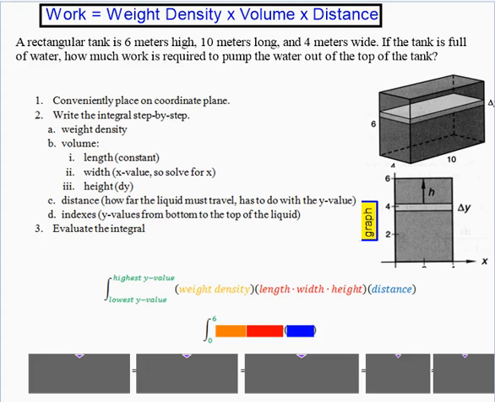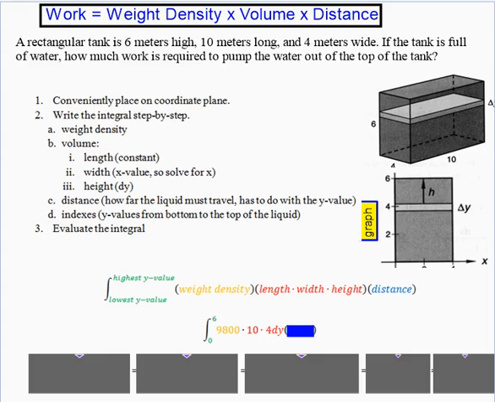The weight density for water we learned earlier is 9,800, and then we have our area. Our length is this constant, 10. Our width in this case is also a constant, 4. That won't always be the case. And the height of each little rectangle is dy, our change in y. So there are the values for the volume.